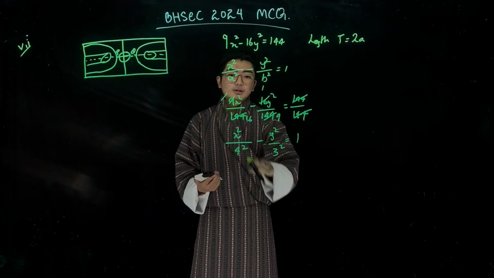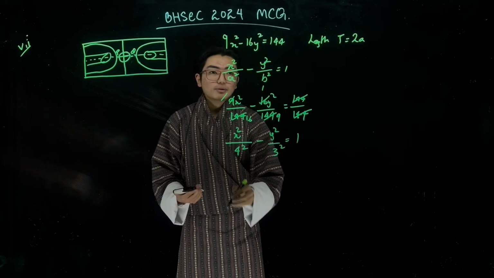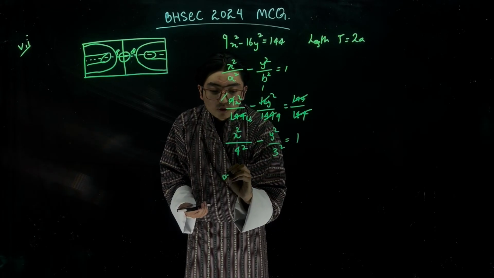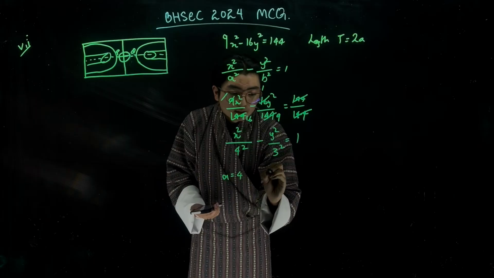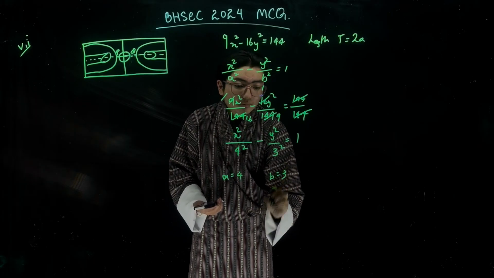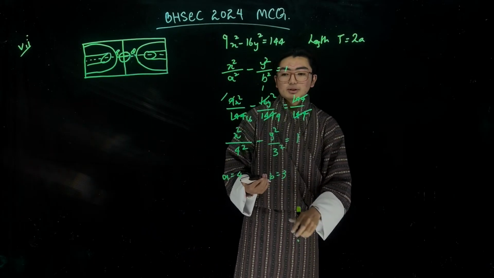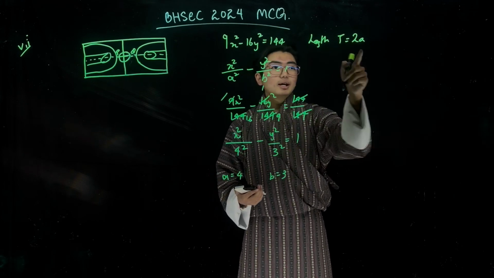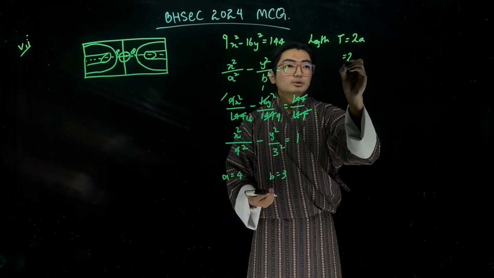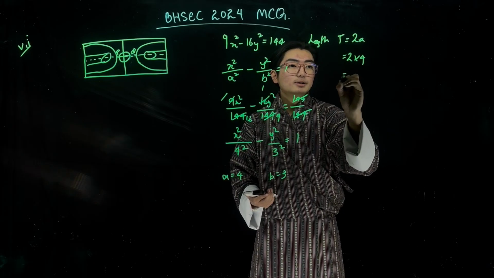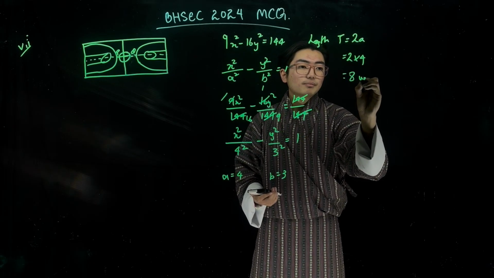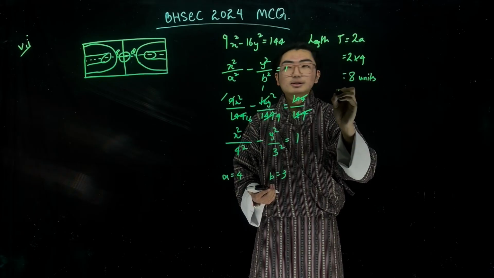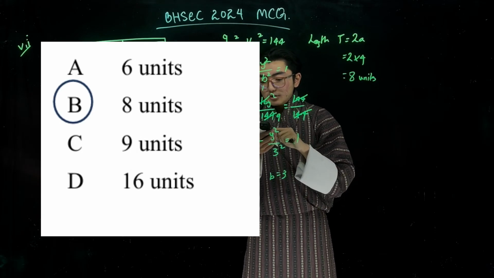Now from this final equation, we can find a and b. a is 4 and b is 3. Now it's just a simple case of substituting a in this formula. So 2 times 4, we get 8 units. Since it is distance, this is your option B.